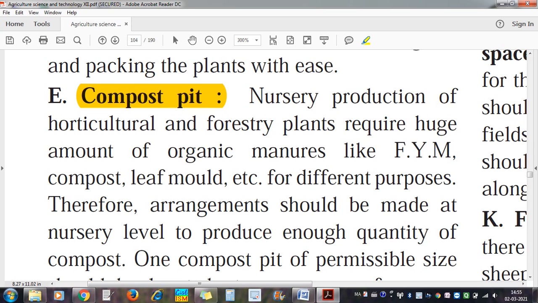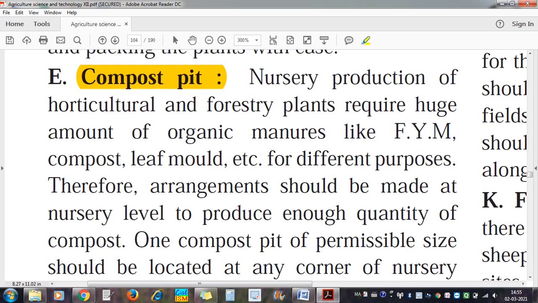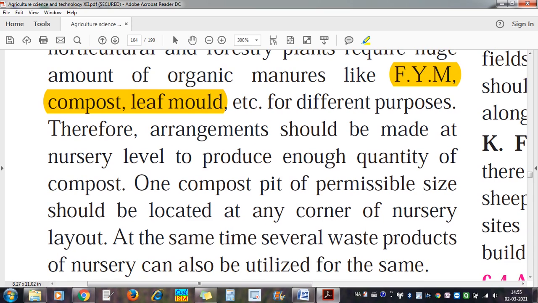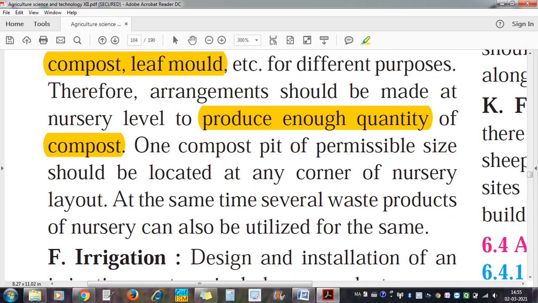So we can use FYM, compost, leaf molds, etc. in the compost pit. Arrangement should be made at the nursery level to produce enough quantity of compost required for all seedlings being grown in the nursery.